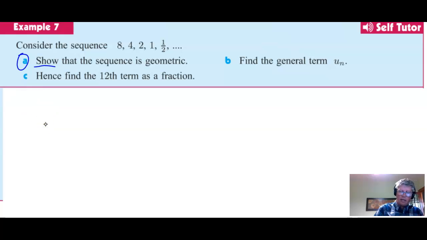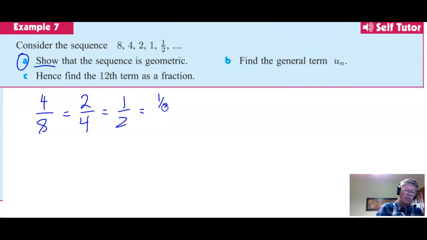I could argue it, but I want to be consistent. So what I want is 4 over 8. And ask myself, is that the same thing as 2 over 4? Is that the same thing as 1 over 2? Is that the same thing as 1/2 over 1? And you bet they all equal 1/2. That is my constant ratio.